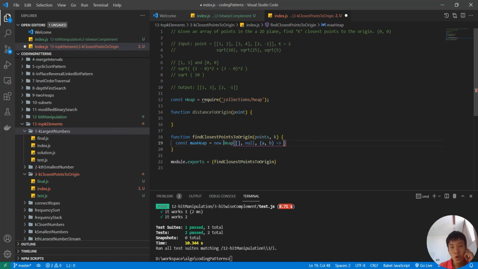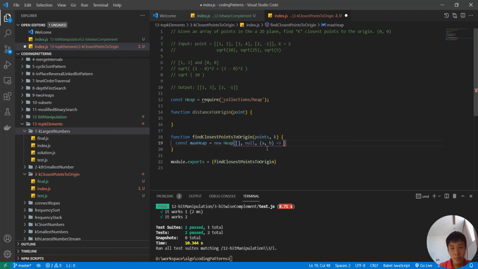We're going to store points in our heap, but now we have to provide a way for the max heap to determine how to calculate the distance between each point and the origin, so that we can build our heap in a way that we always have access to the point with the largest distance to the origin.